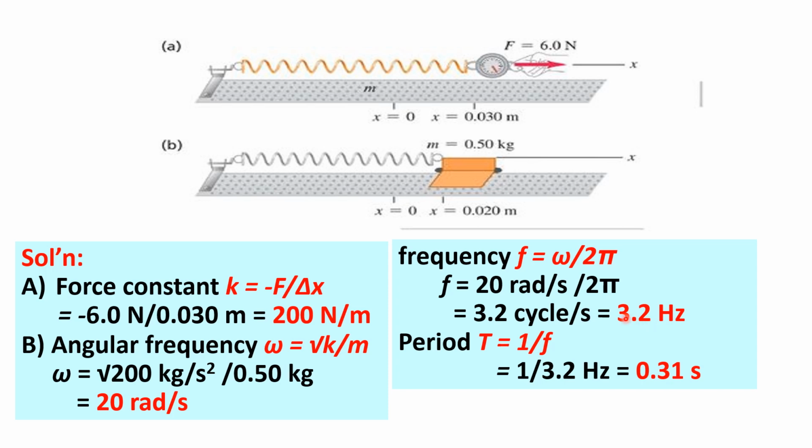Cycle per second can also be expressed as hertz. In other words, our value for the frequency f is equal to 3.2 hertz.